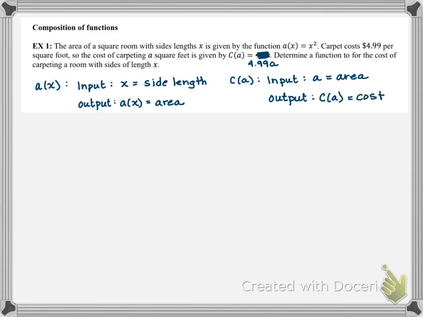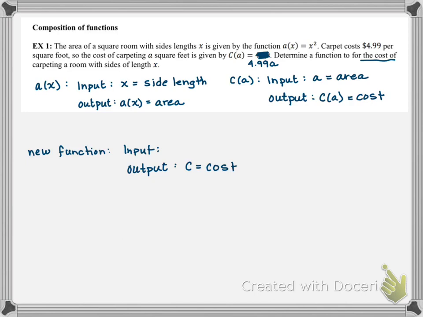And what we're trying to do is write a function. So our new function, well, it says determine a function for the cost. So we want the output to be the cost.